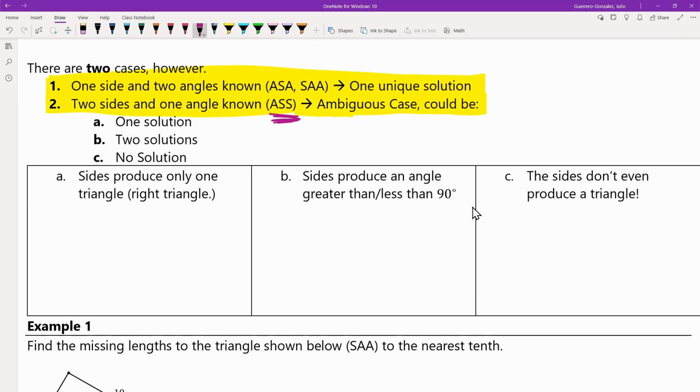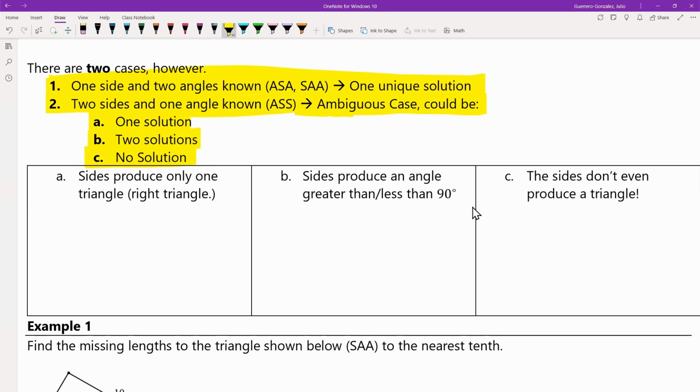A triangle that matches this congruence here, angle, side, side, may not be the same, even though an angle, a side, and a side are equal to each other. Okay. There are three different possibilities. And that's what I'm going to cover down below.